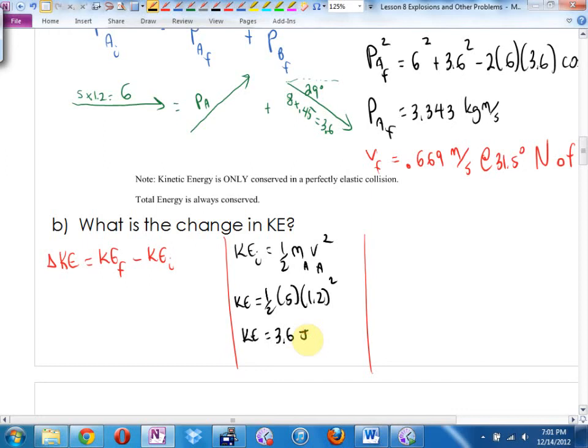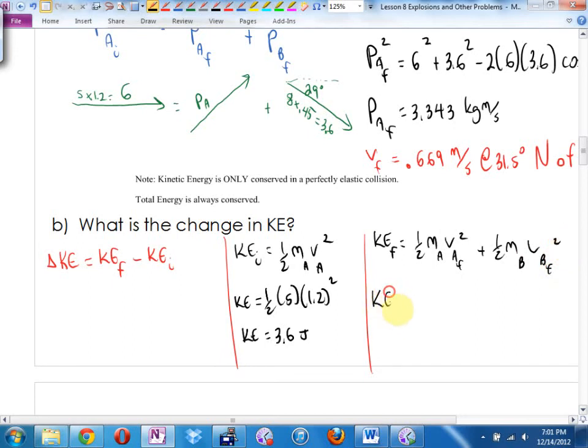After the collision, I have 2 things moving. My final kinetic energy after the collision is going to be a half mass A VA final squared plus a half mass B VB final squared.